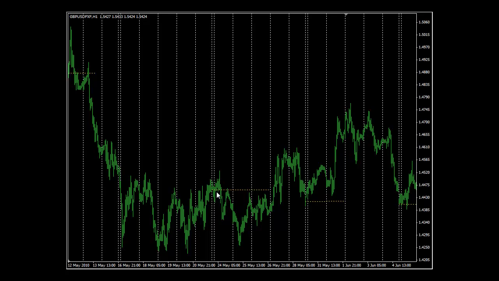This yellow line denotes the opening price for the new week. You always want to have that price level in mind, and you need to extend it through the entire week of trading.